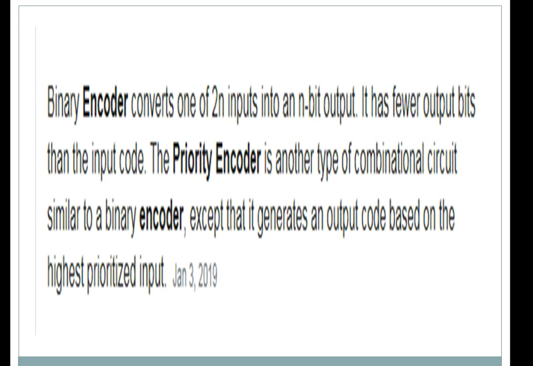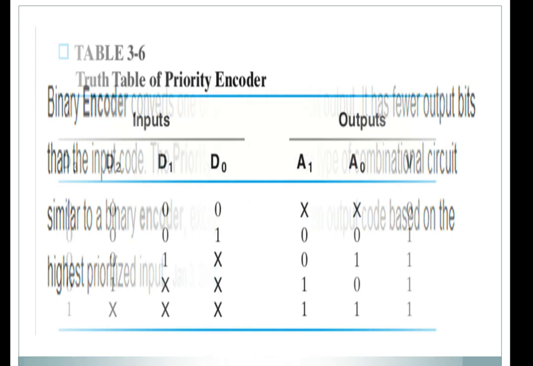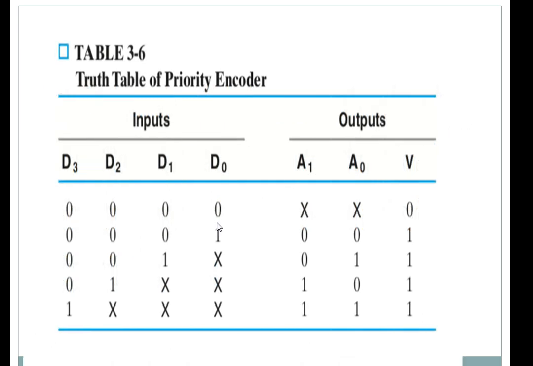The priority encoder is another type of combinational circuit similar to the binary encoder, except that it generates the output code based on the highest prioritized input. Once you see the truth table for the priority encoder, whenever all inputs are 0, this is the invalid state. Whenever D0 is 1, the output is 0 0. Whenever D1 is 1, the output is 0 1, irrespective of the position of D0.